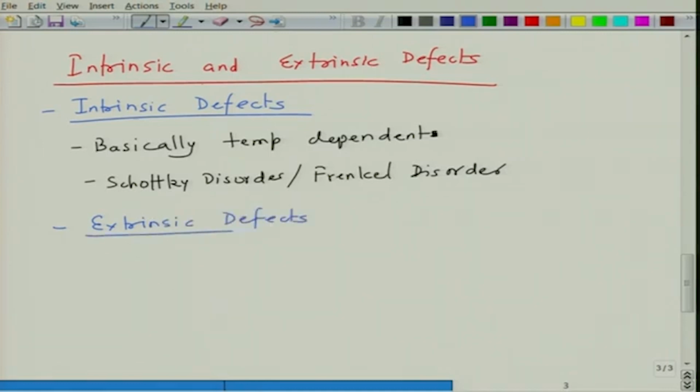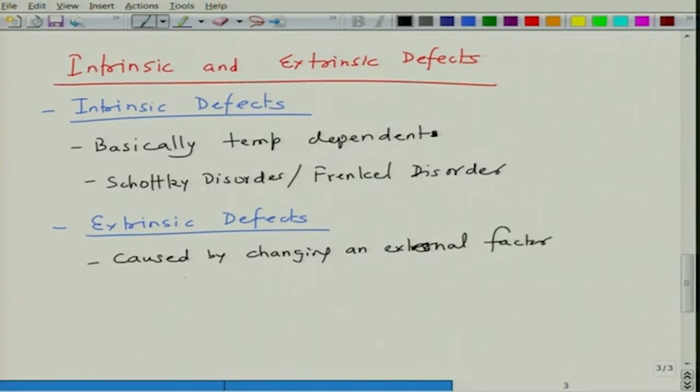And these defects are caused by, you can say, an external factor. And what could this external factor be?